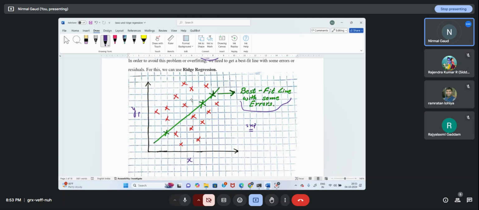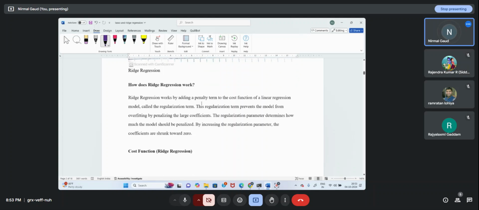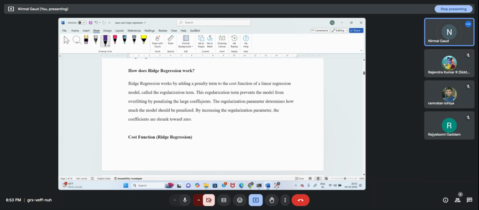Fine. That's the reason we are dealing with regularization or normalization techniques, that is ridge and lasso. Ridge works by adding a penalty to the cost function, called regularization. It prevents the model from overfitting by penalizing the large coefficients.